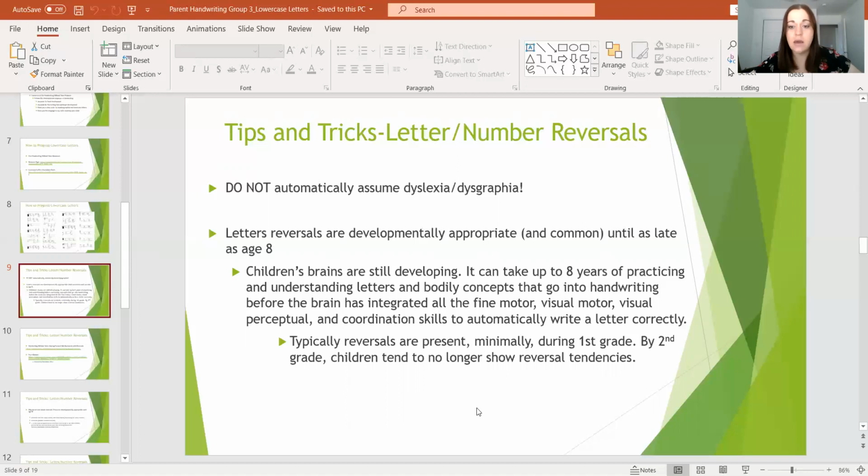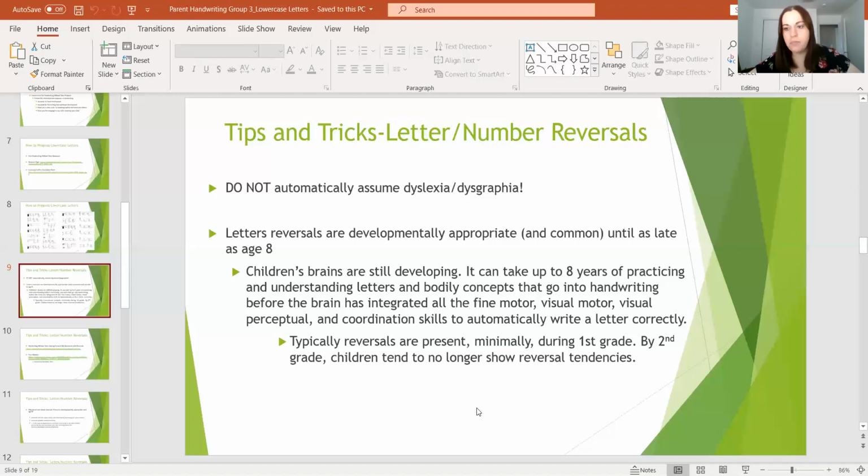It can take up to 8 years of practicing and understanding letters and bodily concepts that go into handwriting before the brain has integrated all the fine motor, visual perceptual, and coordination skills to automatically write a letter correctly. Typically, reversals are present minimally during first grade. By second grade, children tend to no longer show as many reversal tendencies.